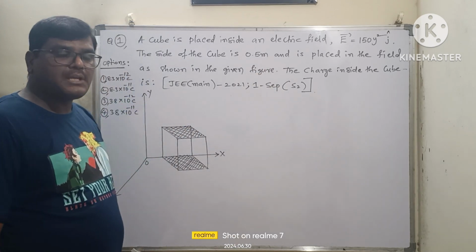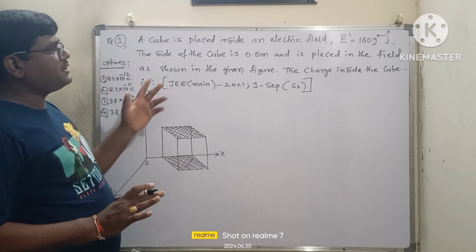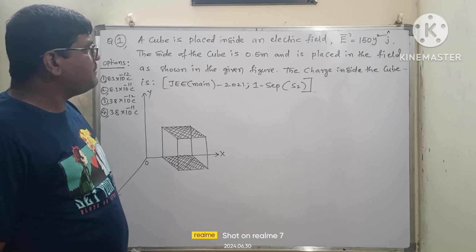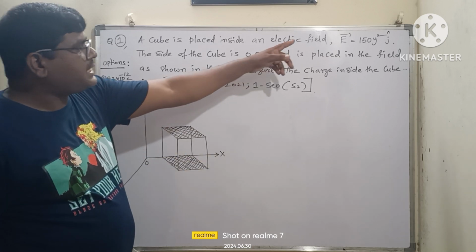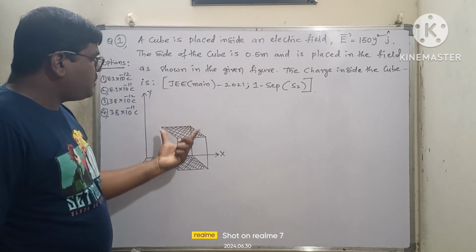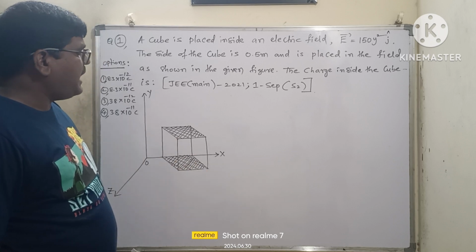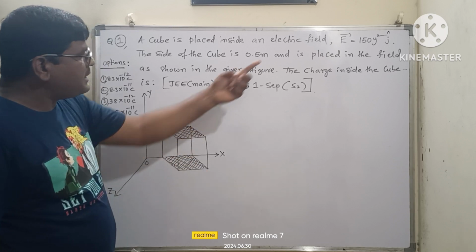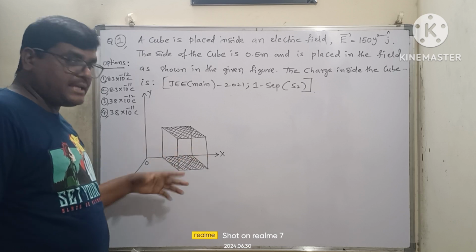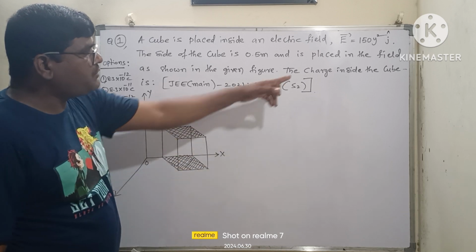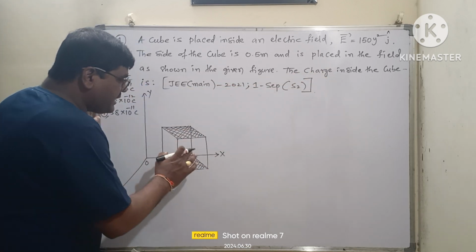You can observe in the question, the electric field is given, one cube is given, the side of the cube is also given, and when this cube is placed in that electric field like this, we have to find the charge inside the cube.